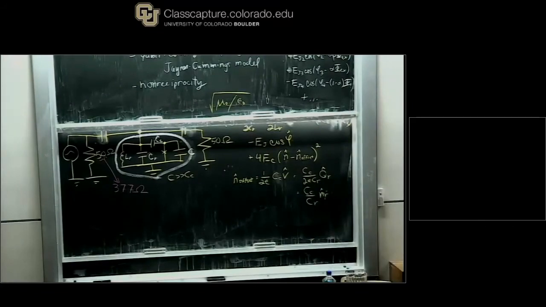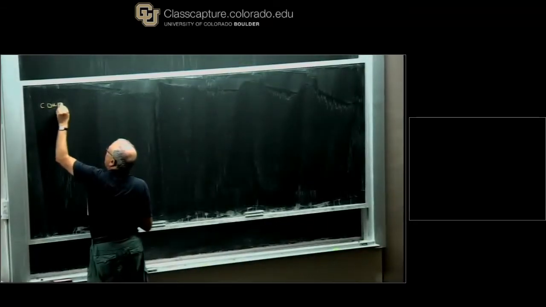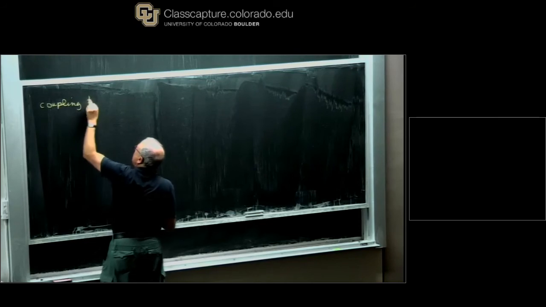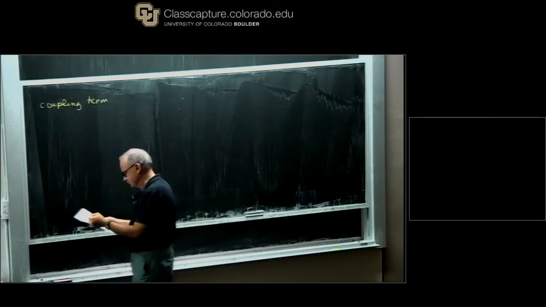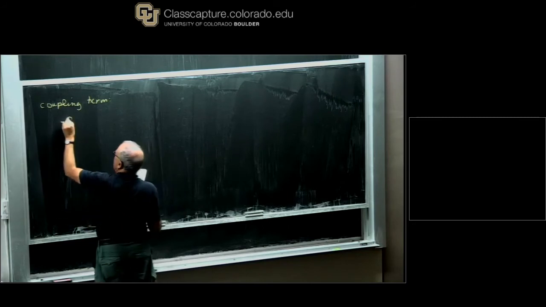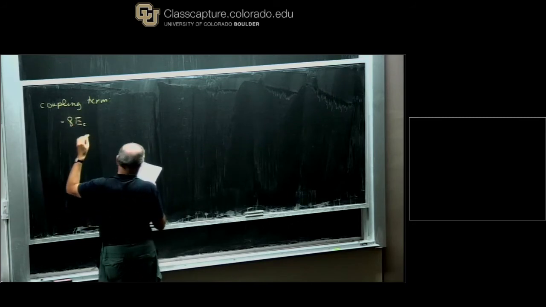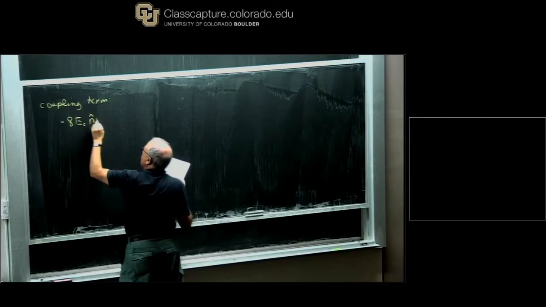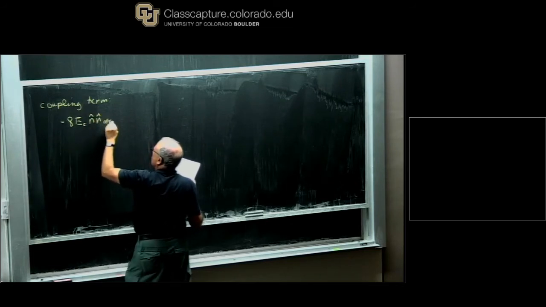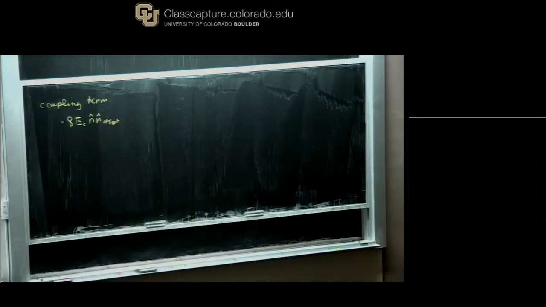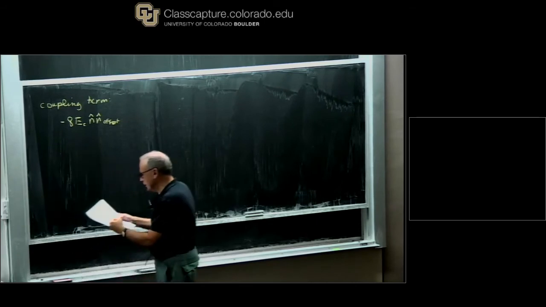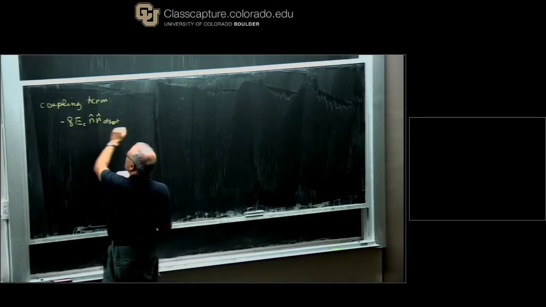The thing you should note is that we do in fact have a coupling term, and it will be minus 8 E sub C n times n offset. That is, you get this by multiplying out the square present here.